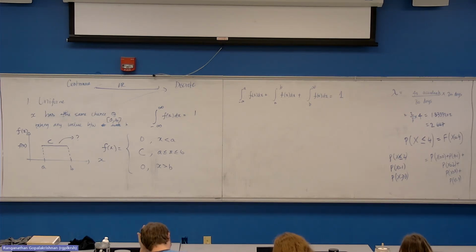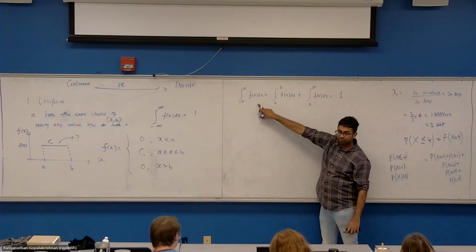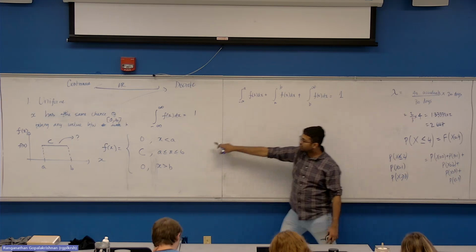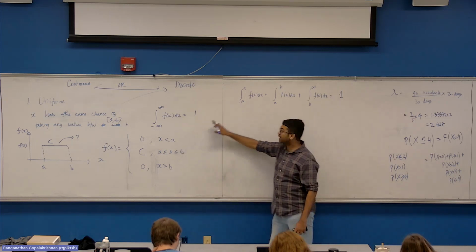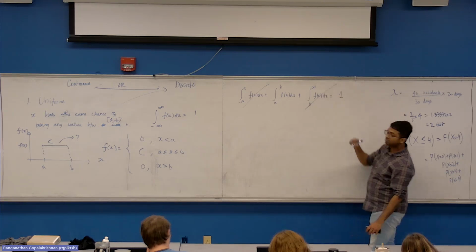Don't be fooled by the integration signs, it's all very simple stuff. We'll make it very, very simple. What is the first integral? 0, because the function is defined as 0 for x less than a. So this is 0. For the same reason, this is 0.